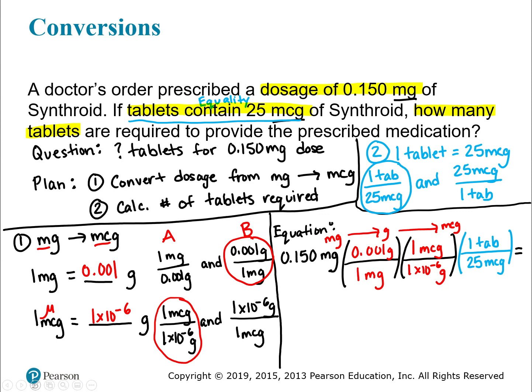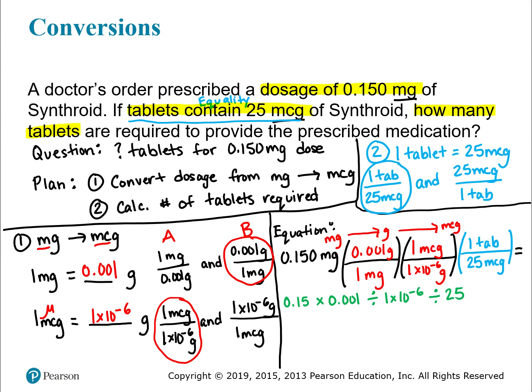When you're putting this into your calculator, you want to be careful because you're doing multiplying and dividing. You're taking 0.15, multiplying by 0.001, then you're dividing by 1 times 10 to the minus 6, and then you are dividing by 25.